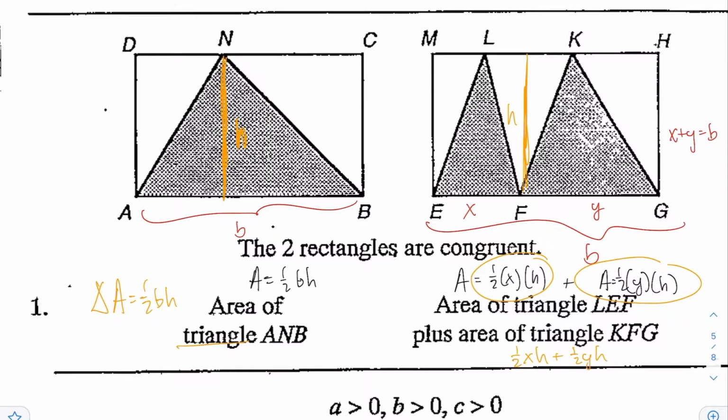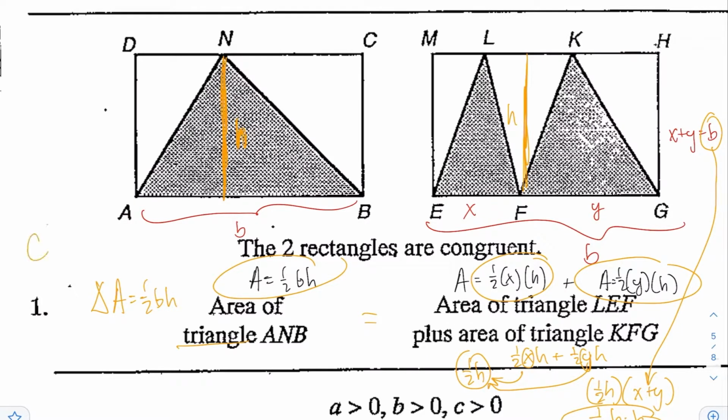If you factor out 1/2 H, what you have left over is X plus Y, which you know is B. So it turns out the 2 are the same. So the answer is C.